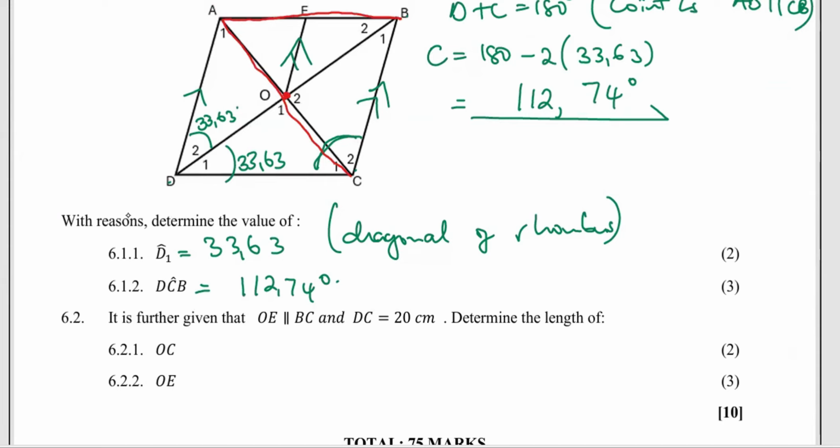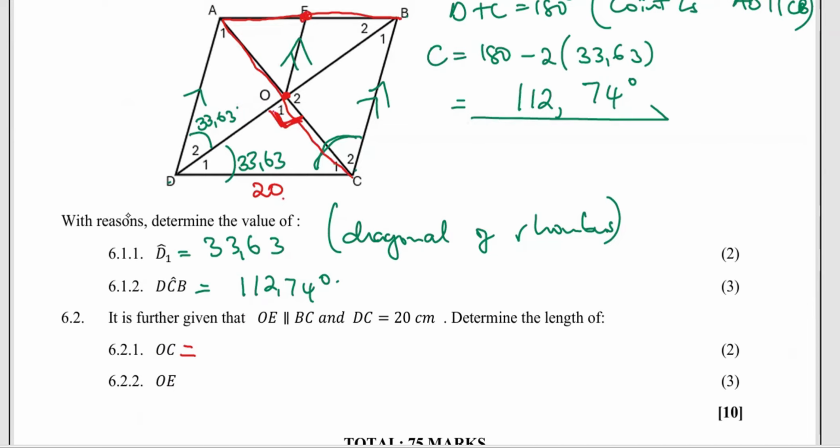The lines are parallel, so even E must be a midpoint there. So DC is a 20. If that's a 20, they want us to get the length of OC. We know that this is a 90. We can find OC. But how is that going to be done?